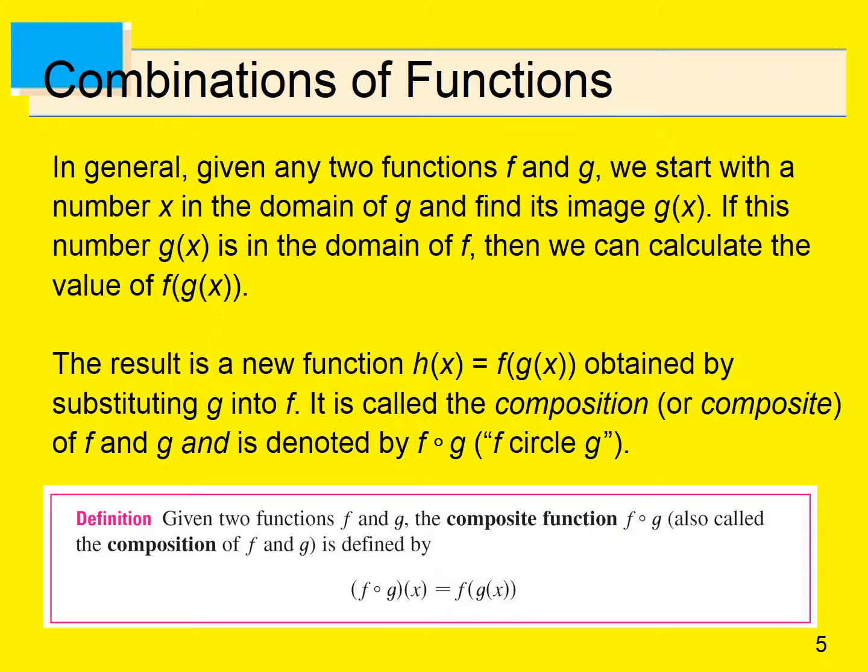Given two functions f and g, the composite function f composed with g, also called the composition of f and g, is defined by f little circle g of x, so that's just one function there, and it's defined to be f of g of x. So the input for f is not a number, which we're used to more, but another function that's the input of f.